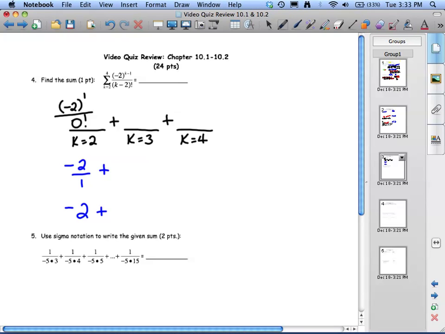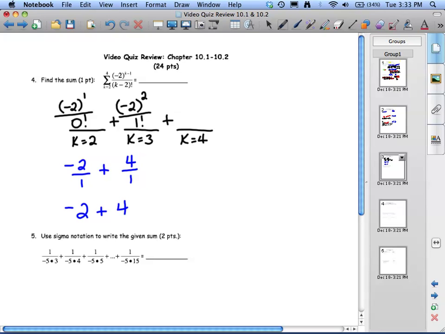Then I'm going to do 3. Negative 2 raised to the 3 minus 1 is 2 over 3 minus 2 factorial, which is 1 factorial. This turns out to be 4 over 1 or 4.